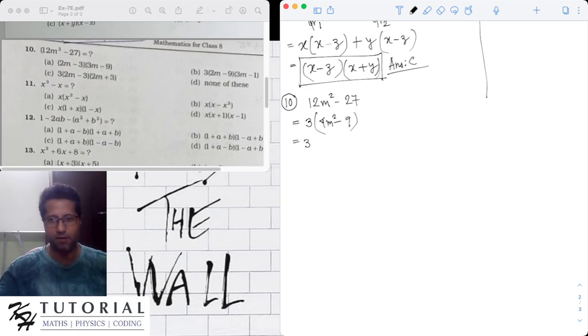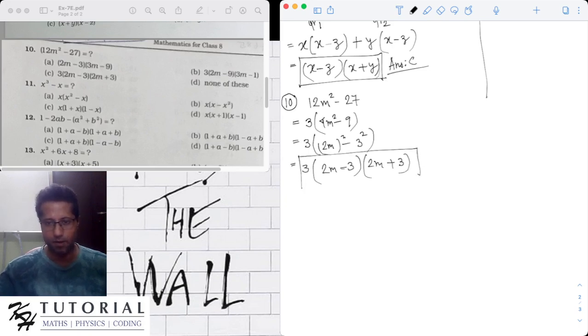Now we can see that we can factorize 4m square minus 9 easily, because it is of the form a square minus b square, where a is twice m and b is 3. So now applying the identity of a square minus b square, we can say it is 3 multiplied by 2m minus 3 multiplied by 2m plus 3.